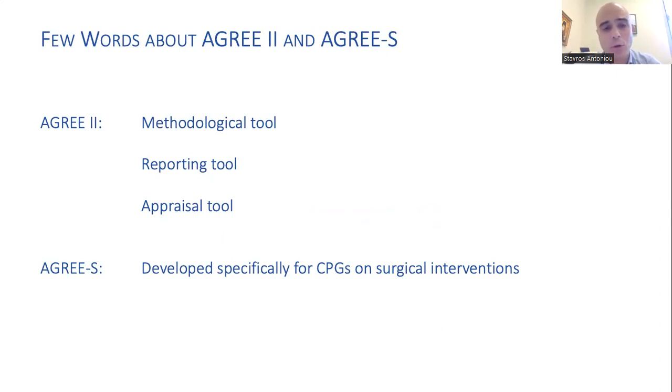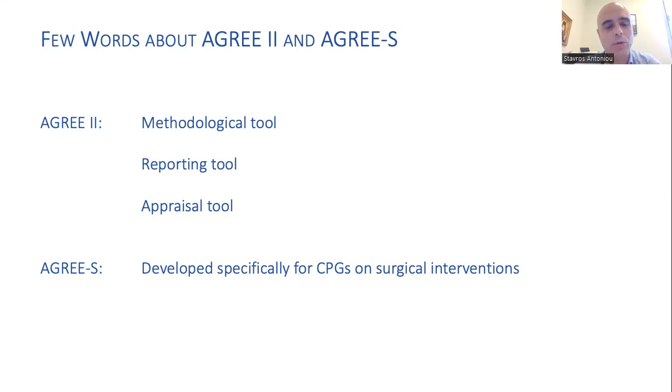So the methodological tool is meant to inform the methodology of guideline development, and it does not substitute established methodologies, but it is intended to summarize some common methodological features of tools available out there, and primarily the GRADE methodology.